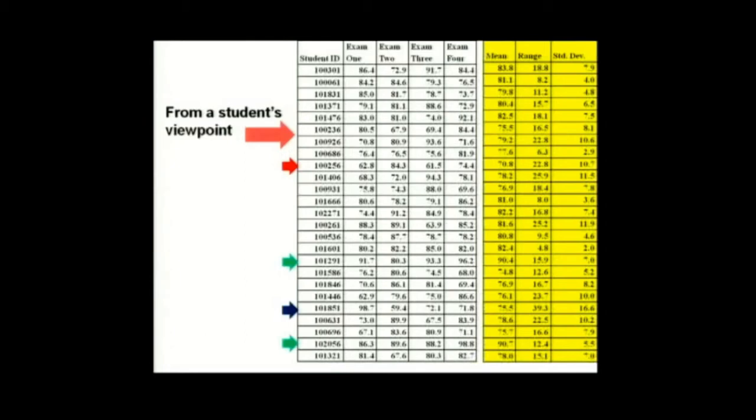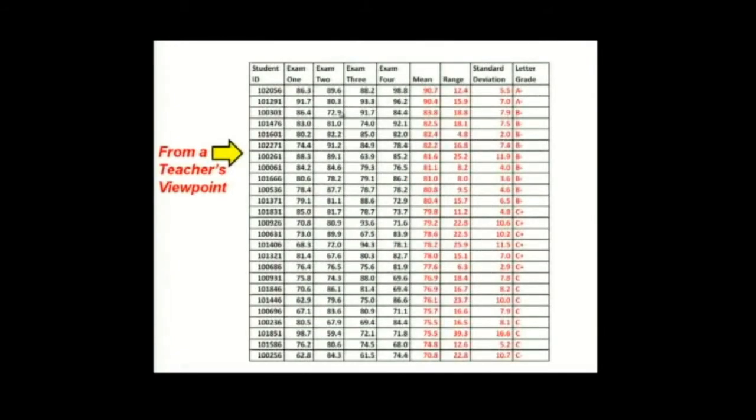How about a teacher? Well, from a teacher viewpoint, we need to look at how teachers would look at their data or grade scores. A teacher may decide to calculate the mean, the range, and the standard deviation for each student, and may decide to sort the data from the highest value to the lowest, or the other way around, so that they can divide students by grade letters.